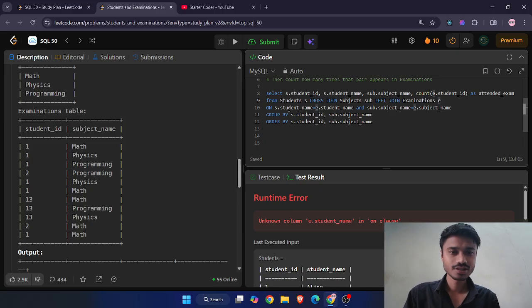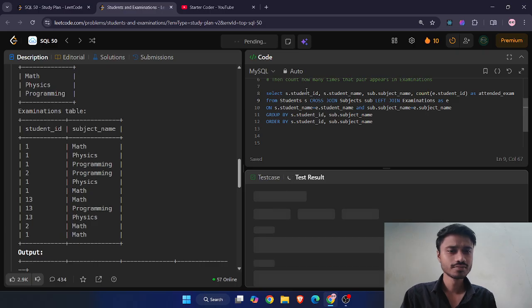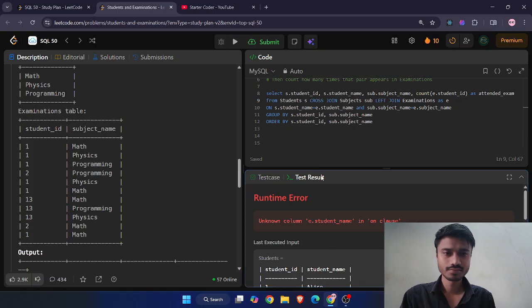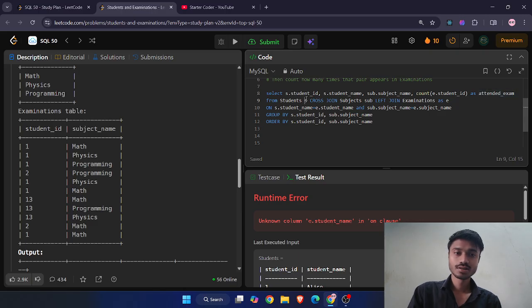So left join examinations e on student name equals e dot student name, examinations as e. Let's try. Okay, we have selected from the student s, cross join subjects sub, and then we are doing a left join examinations, the spelling is also right, examinations as e on s dot student name and e dot student name.